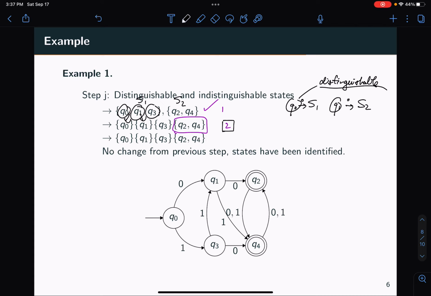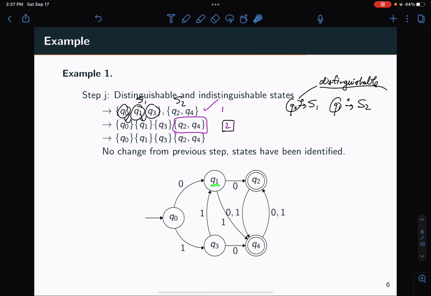I can do that quite quickly by just looking at my transition graph. I'm not going to redo this process. If I'm in Q3 and I read a 0, then I go to the partition S2, but from Q0, I go to the partition S1. So already I know that Q0 and Q3 are distinguishable.